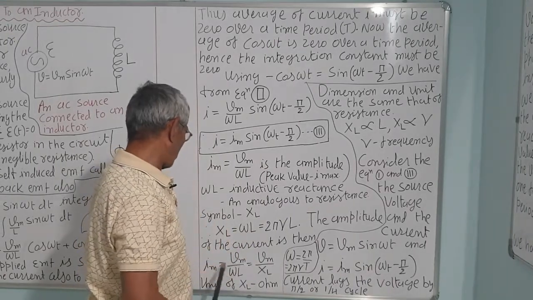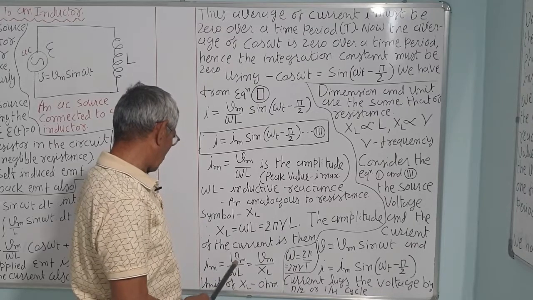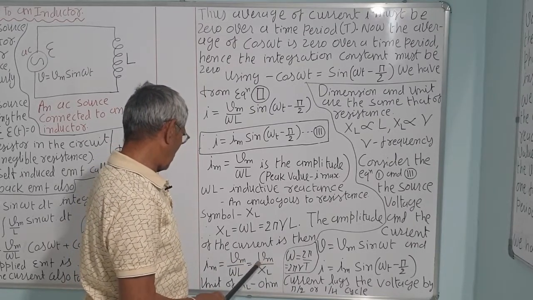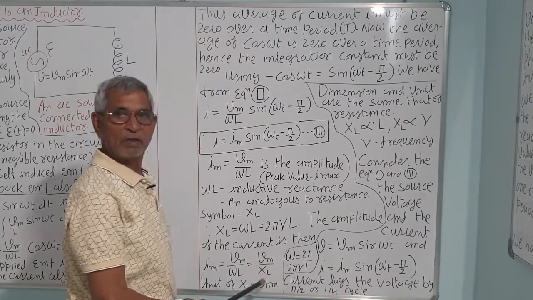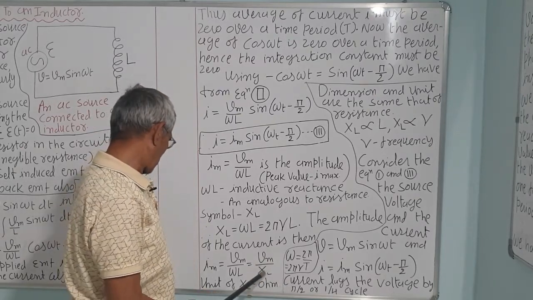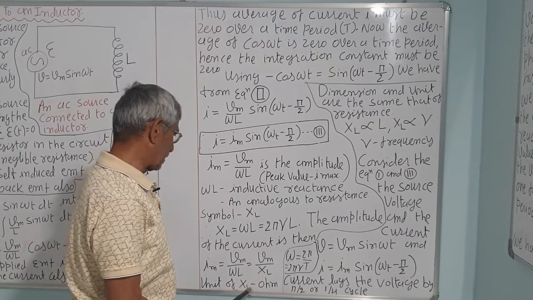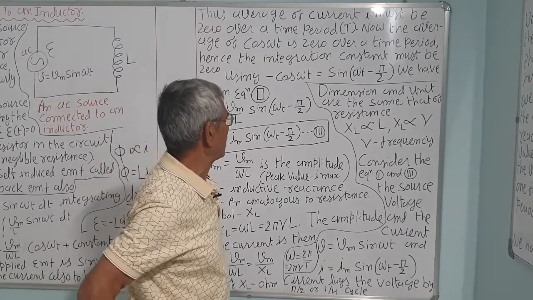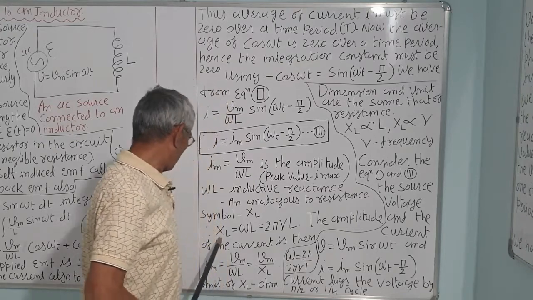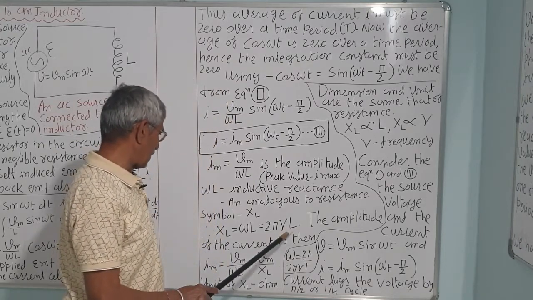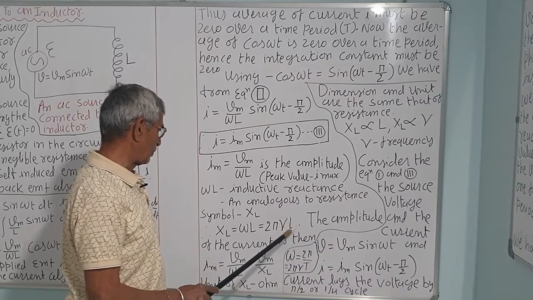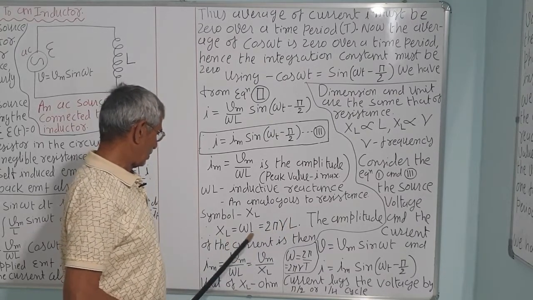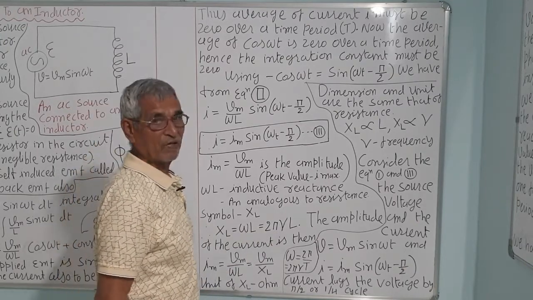The amplitude of the current is then Im is equal to Vm upon omega L. Correct? That is equal to Vm, maximum voltage, upon inductive reactance XL. The unit of XL is just like the unit of resistance, and the dimensions are also the same as that of the resistance. Now we know from this XL is directly proportional to L. Inductive reactance is directly proportional to the inductance of an inductor, and it is also directly proportional to the frequency.